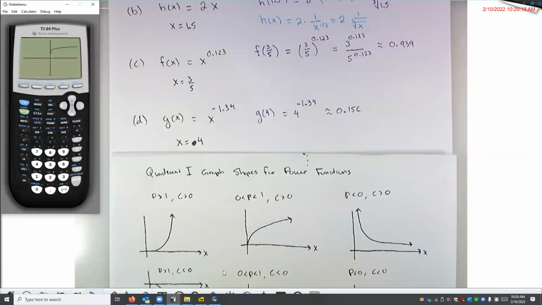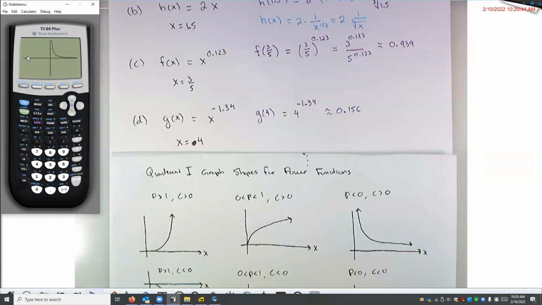Three. Very good. We expect the third shape again, because here the power is negative, just like in the one before. So I type x raised to the parentheses -1.34. There it is. Very nice, right?